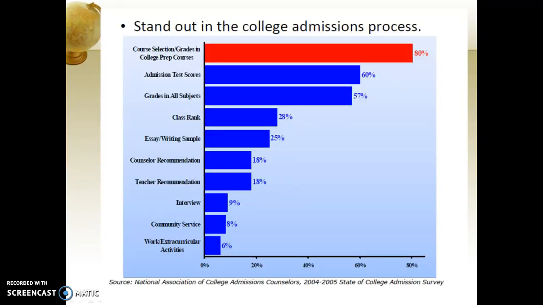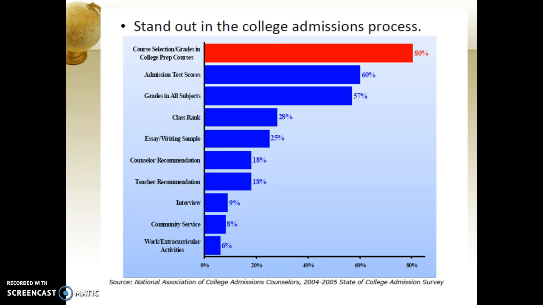Even if you don't pass the AP exam, there is still a great benefit for signing up and taking an AP World History course. Your high school transcript is arguably the most important document in your application for college admission. College admission counselors say that is the number one factor that they look at when determining whether or not to accept you to their college or university.